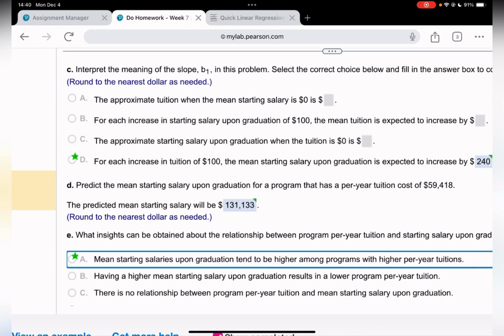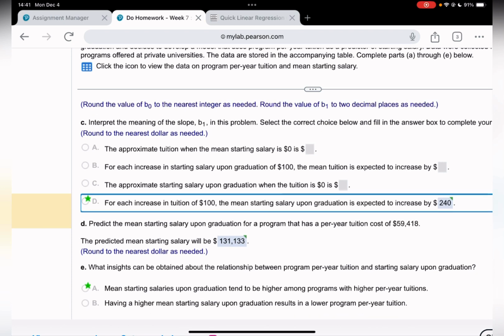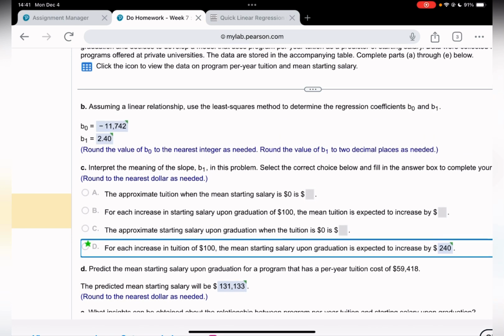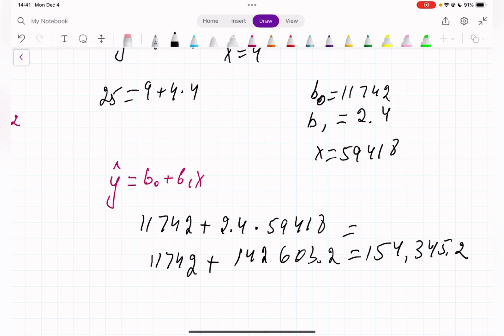The answer options are open, so let's see how much. 131,133. Well, let's double check. Why is it coming out this way? Duh, it's negative. B0 is negative, of course. Here it is negative, which means I'm going to do 11,742, and then one more 11,742.